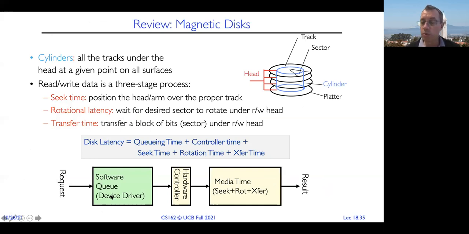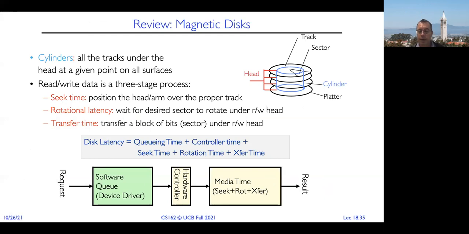So you need to queue these requests, right? And then you have the hardware controller, which is going to take requests from this queue and satisfy them.